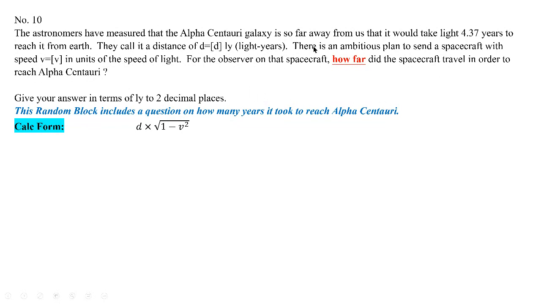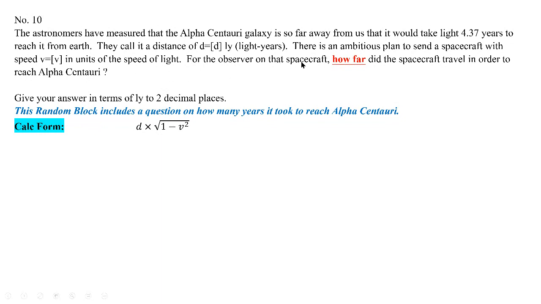And then they say there is an ambitious plan to send a spacecraft with speed v, again measured in units of the speed of light. So it may be like 0.9 times the speed of light, meaning that spacecraft really is zipping through space at about 90% of the speed of light.